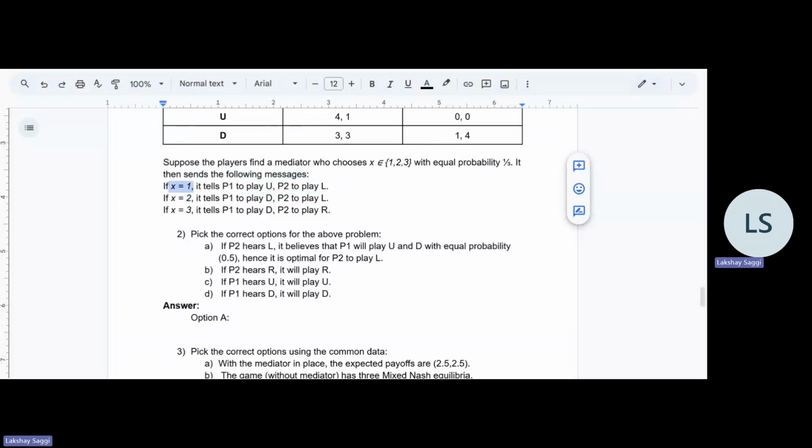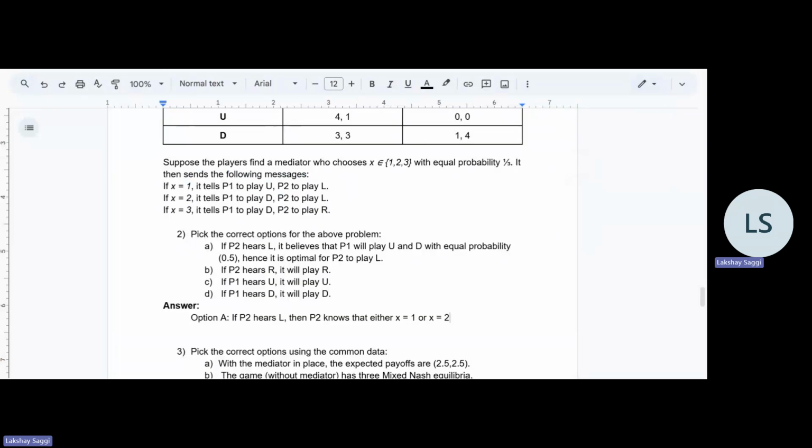So if P2 hears L, this gives P2 some partial information, and P2 now knows that x equals either 1 or 2. x can't be equal to 3 in the mediator's experiment, because if x was 3, then the mediator would have told P2 to play R. So P2 just knows that x equals 1 or x equals 2.